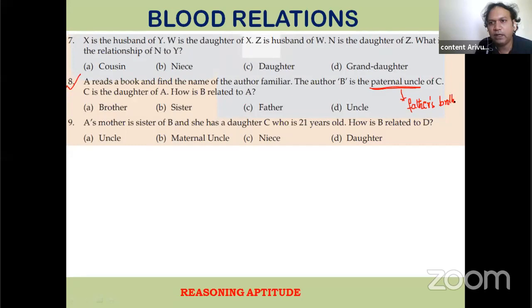What is the meaning of paternal uncle? Father's brother. If it was maternal uncle, it would be mother's brother. So in relations questions, when we use the word paternal, it means we're talking about father's side. So paternal uncle, father's brother. Paternal aunt, father's sister. Maternal uncle, mother's brother. Maternal aunt, mother's sister.